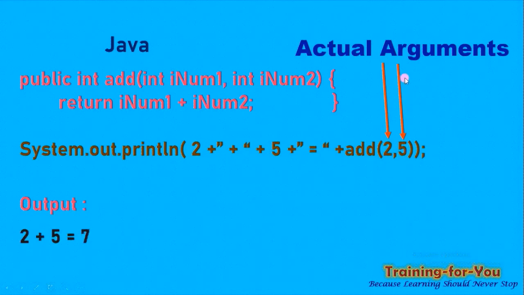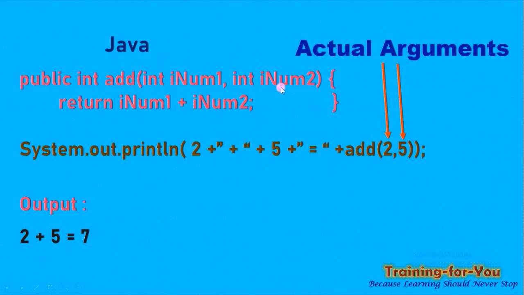These are nothing but actual arguments. Even if we use two different variables here to supply these two values, those will also be called actual arguments.